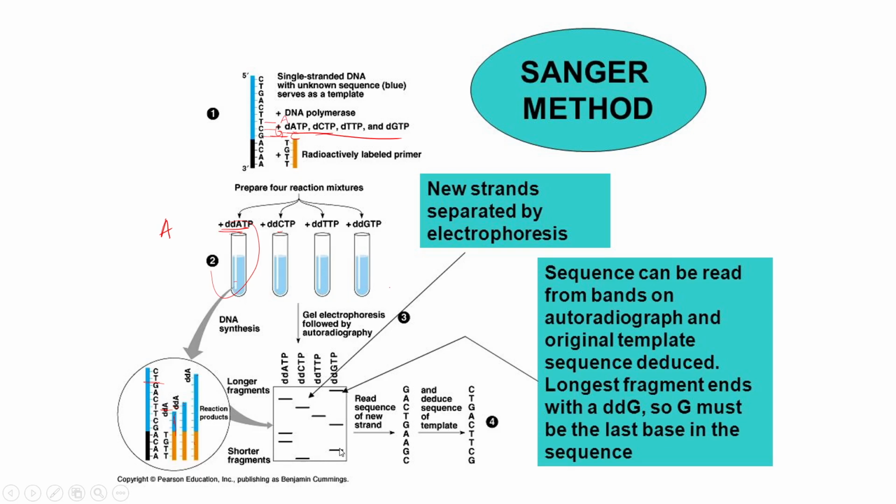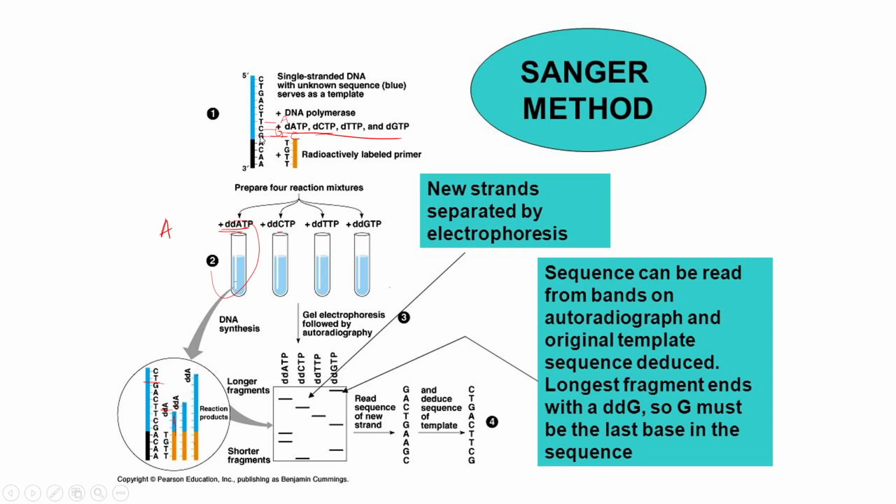Then the second largest fragment, then the third largest fragment, and so on. So, when we go from bottom to up on this agarose gel, we can actually deduce the sequence of the DNA. So, if you see here, the smallest fragment is from ddCTP.